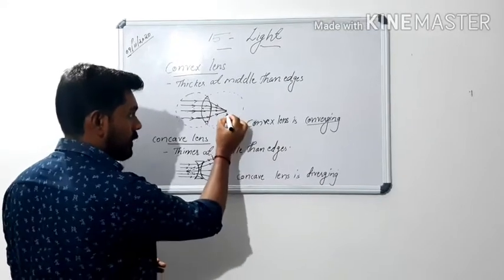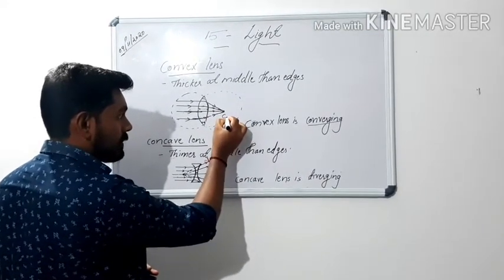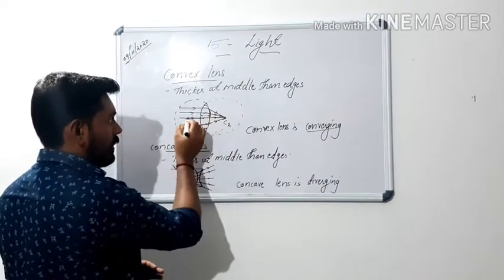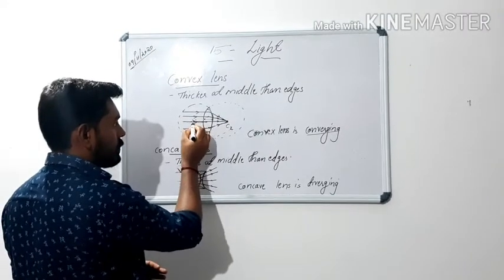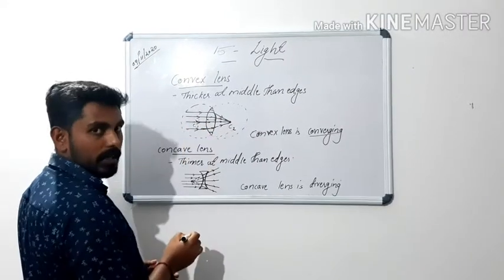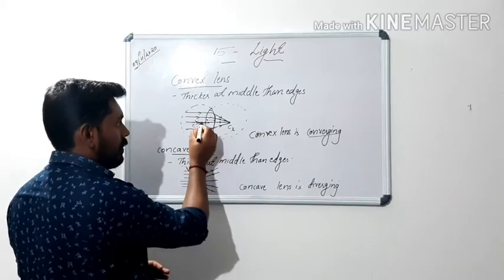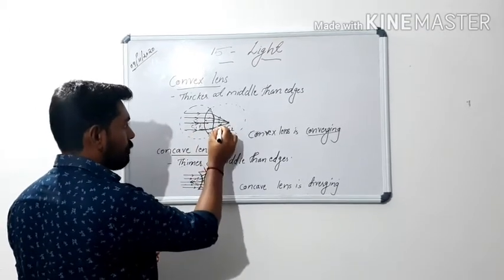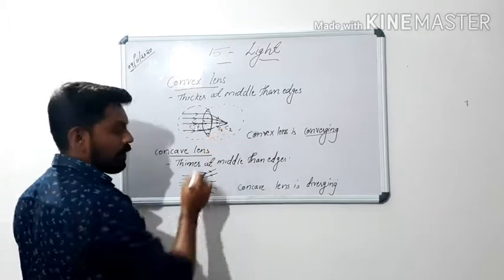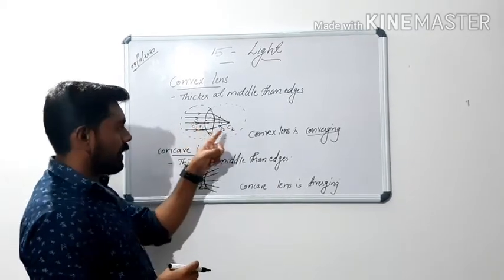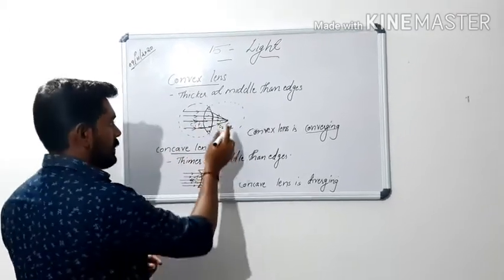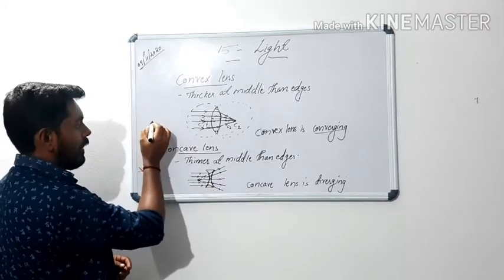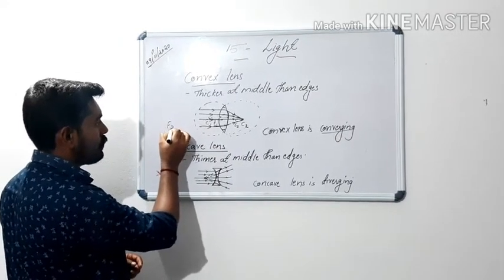This is the center of sphere, so we call it C2, the second. And this is the center of curvature, so we call it C1. When you mark the principal focus, it will be F1 and F2.